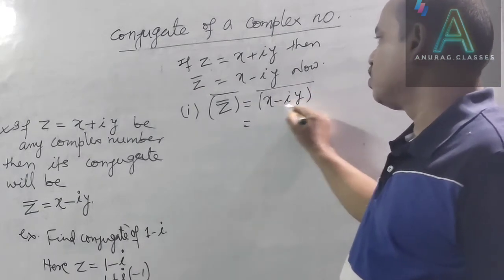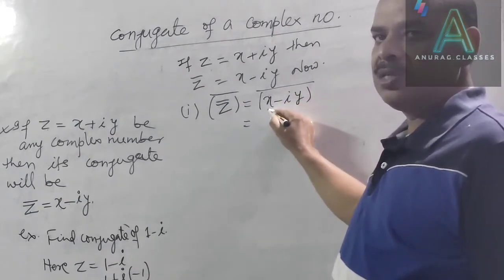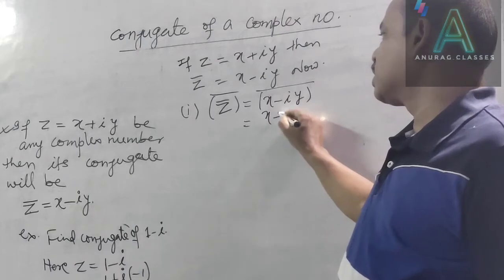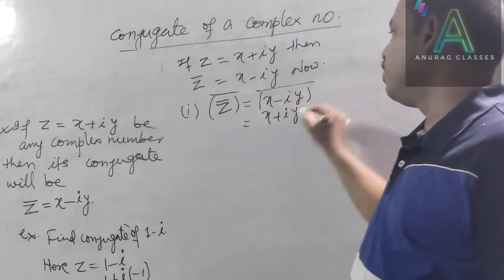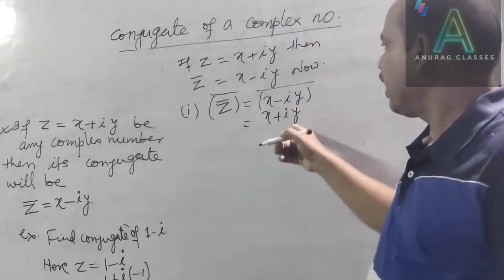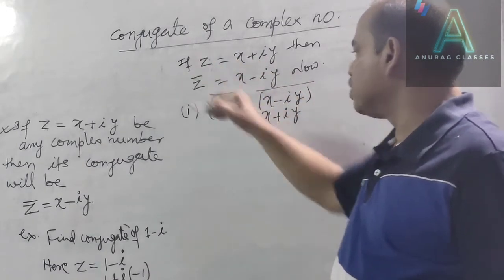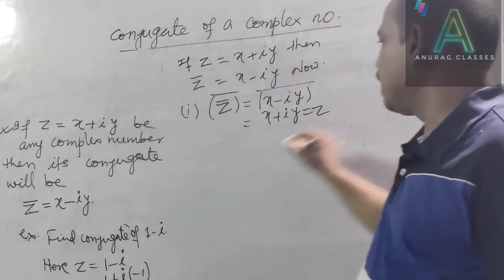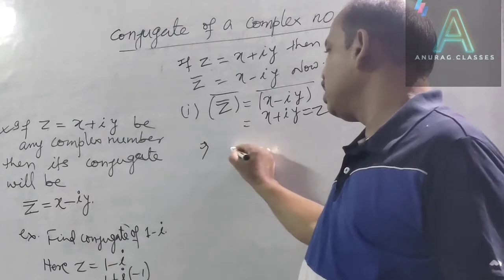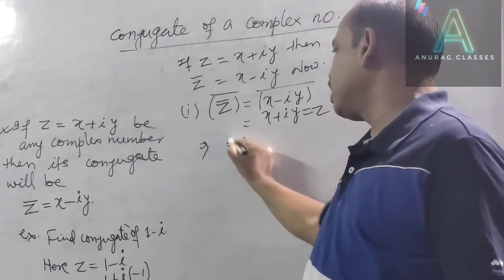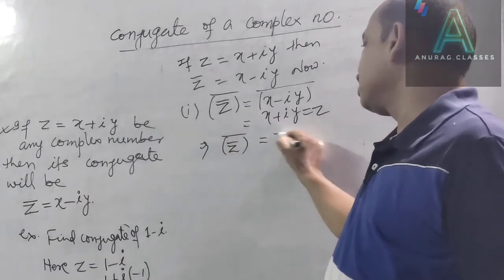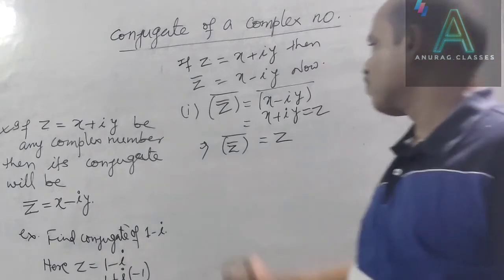What do you think? What will we get? It becomes x plus iota y. Very good. But x plus iota y is the value of z. So my dear students, we conclude that the conjugate of the conjugate is nothing but the complex number itself.